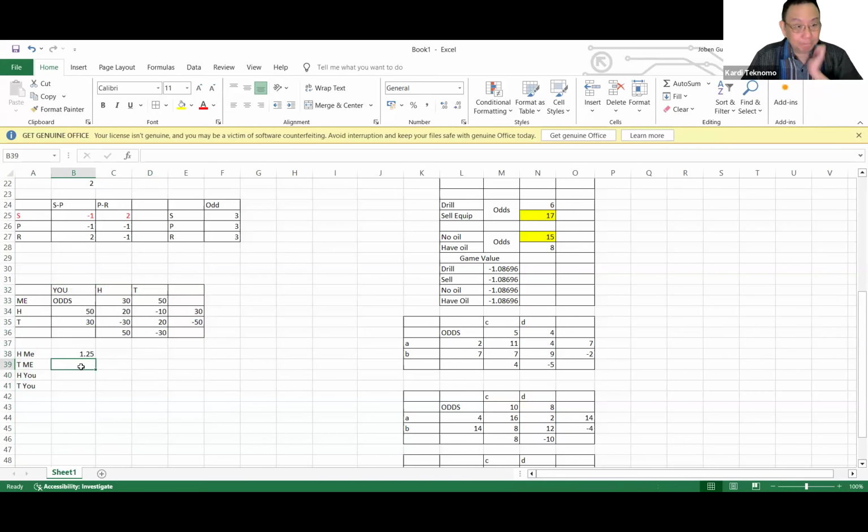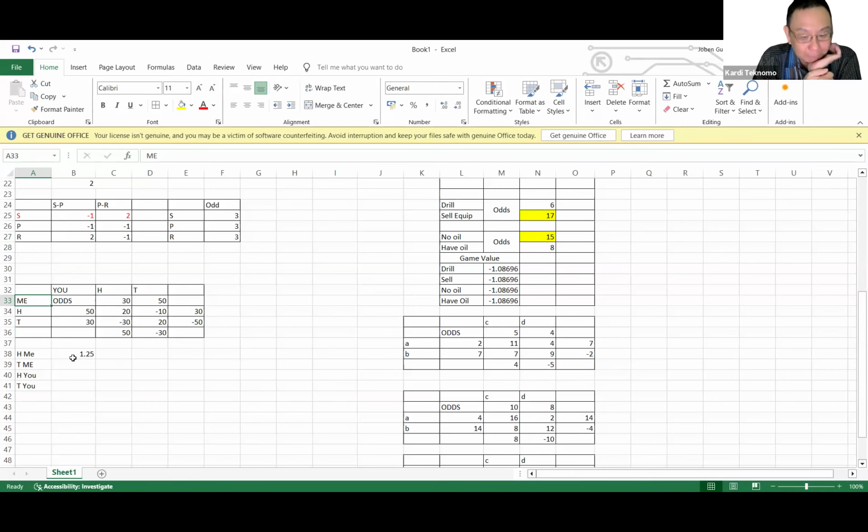Sir, I knew that the game value will always be the same. But this is my row, it is me, my heads and tails, so 20, minus 20. Reverse, okay.